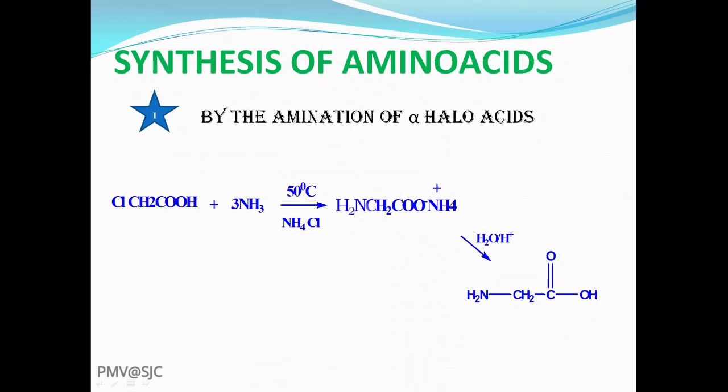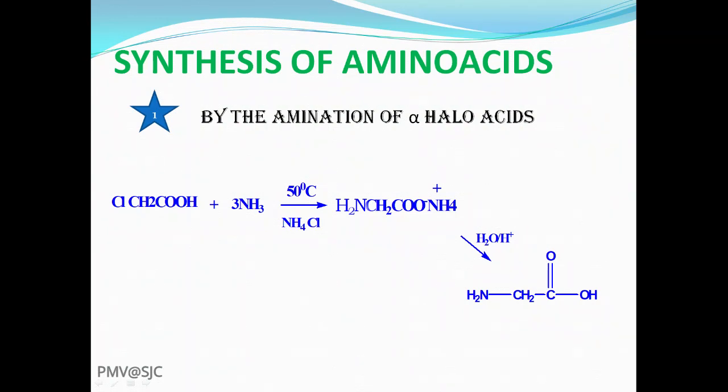Starting from alpha chloroacetic acid, by treating with 3 moles of ammonia at 50 degrees, we can see immediate salt formation. That means you can find the replacement of a halogen by ammonia, and a second molecule can be added on the carboxylic acid in terms of an ammonium salt.